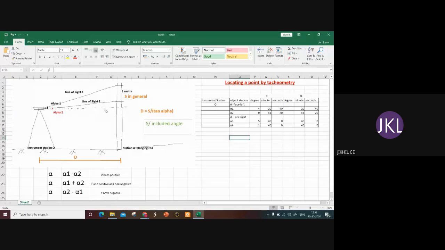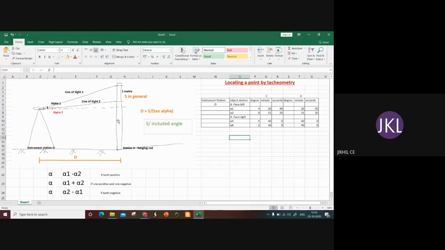Similarly, if both angles are in depression, then the higher angle minus the lower angle will give you the internal angle. So from the theodolite and from the experiment, we are finding the internal angle between the two known points.